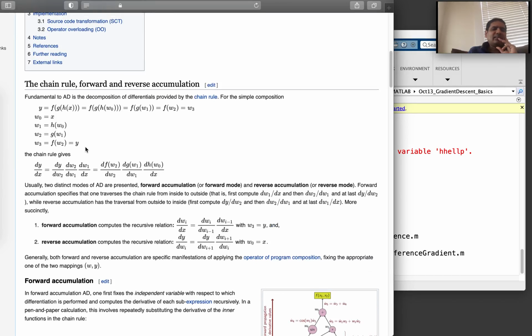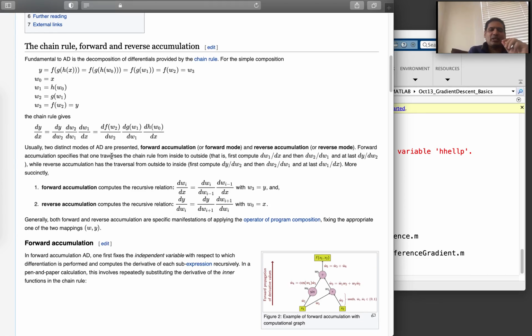And secondly, no explicit expression is carried around. Just numbers are carried around, and numbers are much lighter weight than carrying around analytical expressions. Okay, so we will now see demonstrations of all three methods of differentiation quickly.